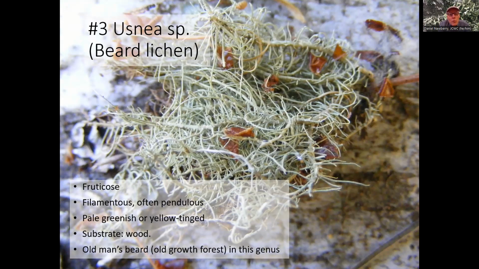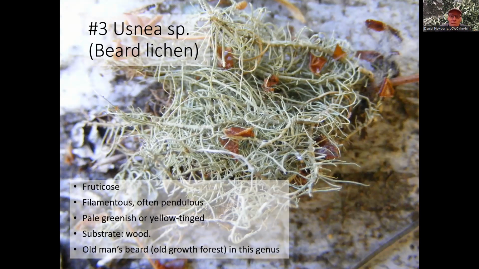When you go to an old growth forest, like nearby in Mount Hood, sometimes you will see these long strands of Usnea with a long central cord that's sometimes 3 feet long or even longer. And chances are that's the one known as old man's beard, found once again in old growth forests in particular.